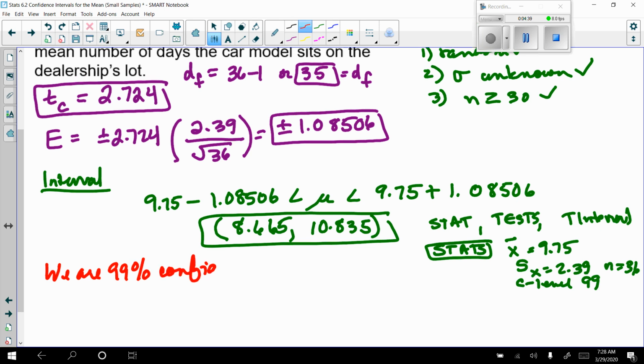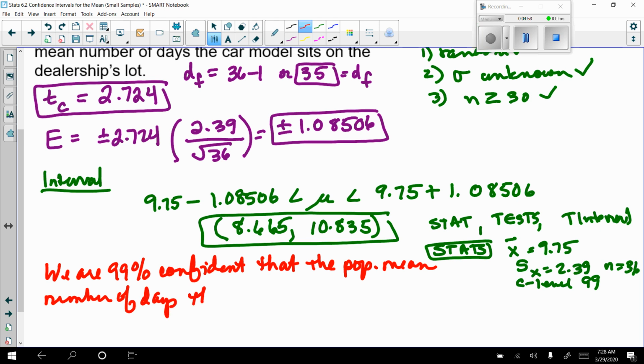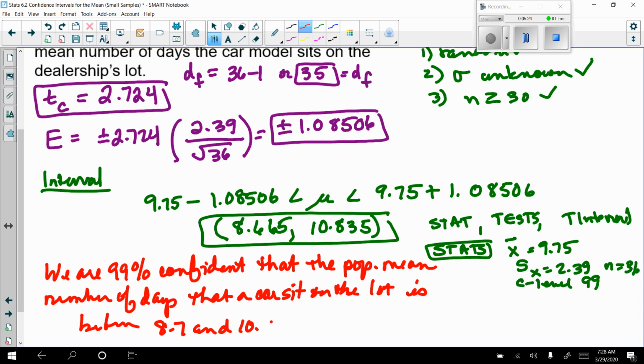That's pretty confident that the population mean number of days that a car sits on the lot is between 8.7 and 10.8 days.